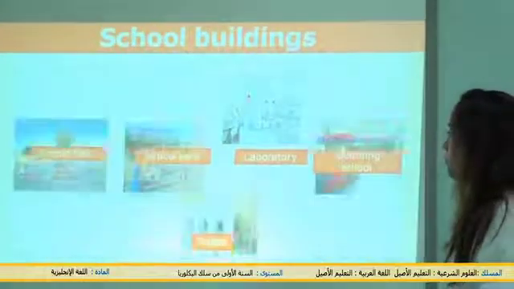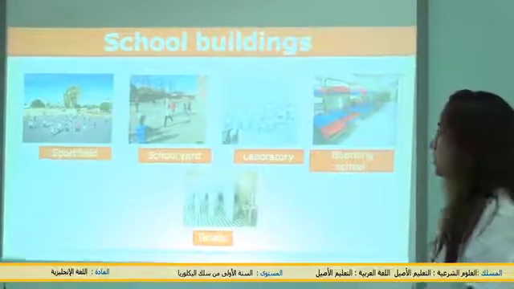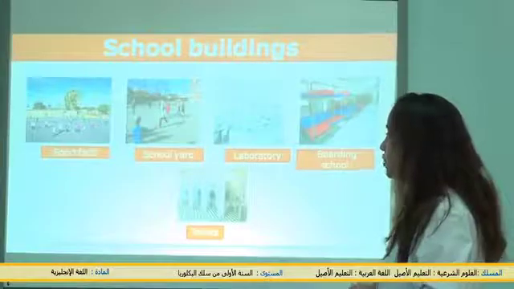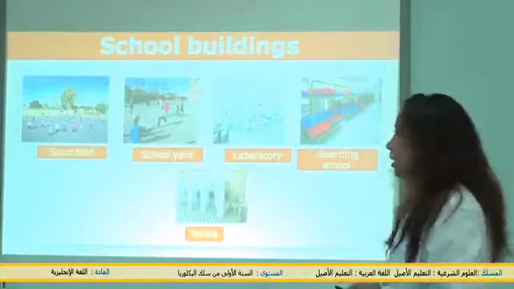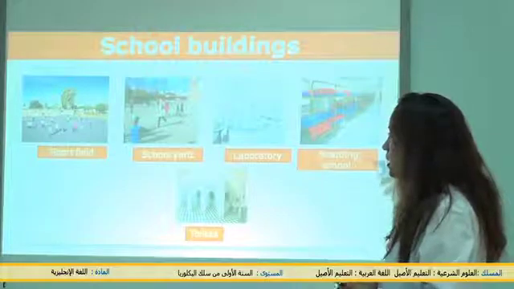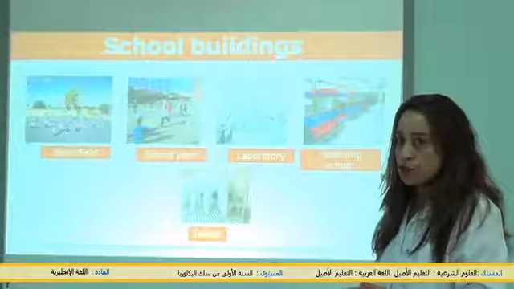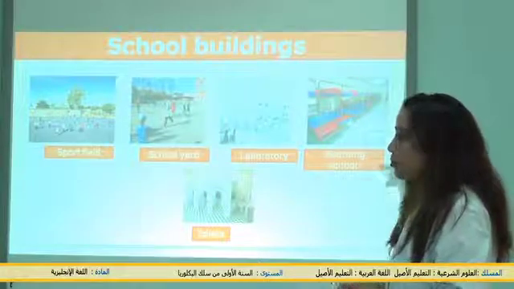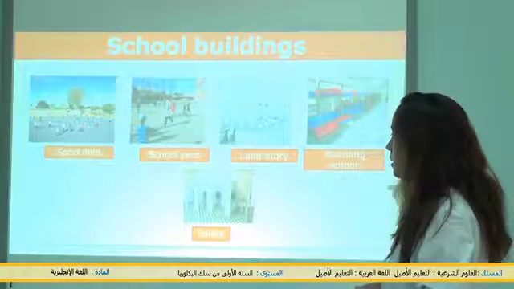So in a school you can find different places and different parts, like for example the sport field. The sport field is a place where students can play and enjoy themselves and practice different sports, like for example football, as in picture number 1. They can also play basketball.